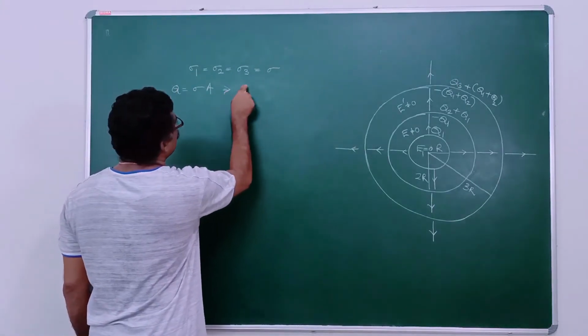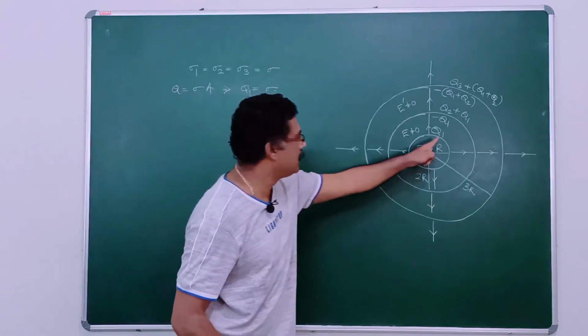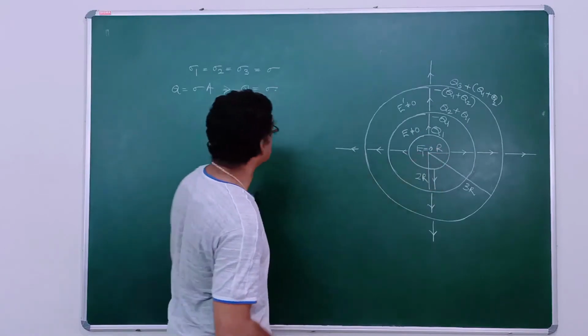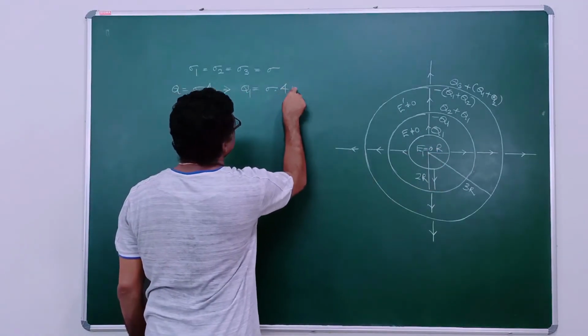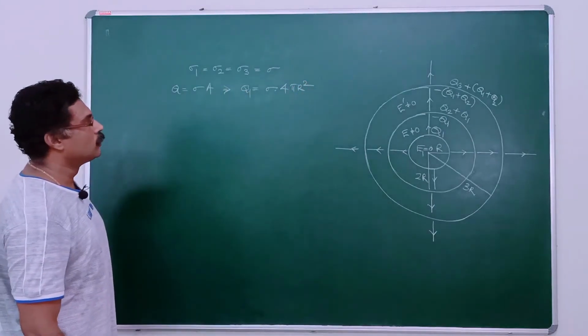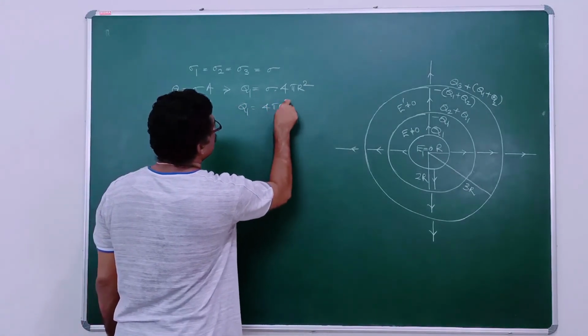Therefore, Q1 is equal to sigma into A. What is A? The area of this shell. Its radius is R, so it is 4 pi R square. So Q1 is 4 pi R square sigma.